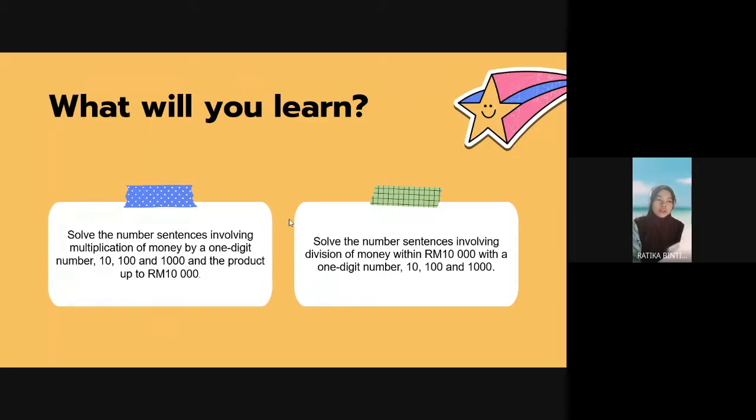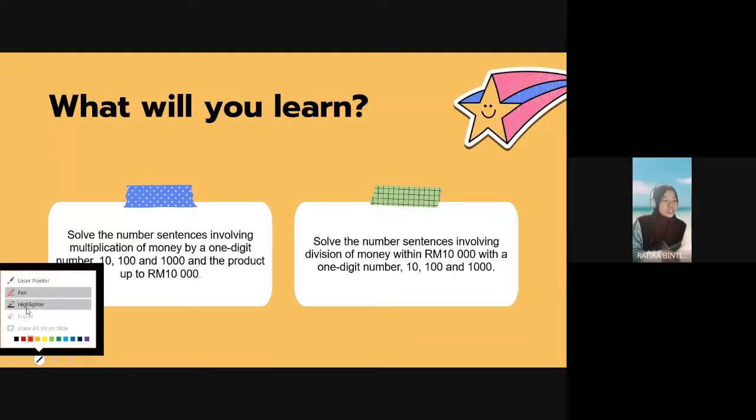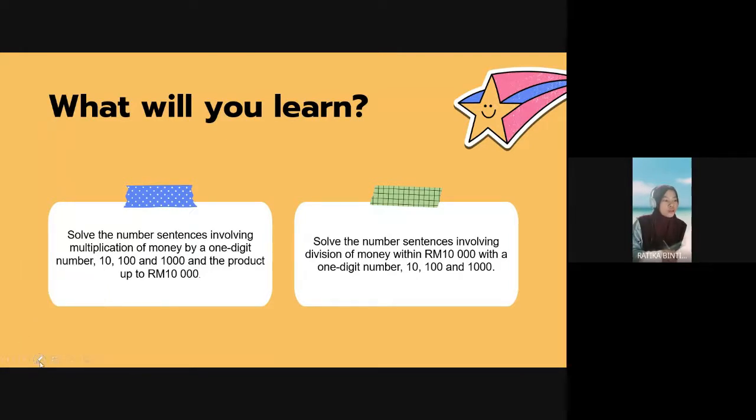And you will also solve the number sentence involving division of money within 10,000 with a one-digit number, 10, 100, and also 1,000. Basically, you will be doing multiplication and also division involving money. Itu saja sebenarnya.